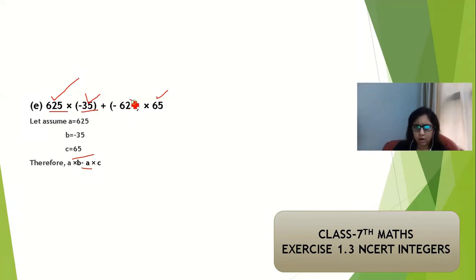I have assumed 625 as a, not minus 625 as a, and in this step I have solved this plus and minus, it will become minus because plus minus is minus. So my equation will become a multiplied by b minus a multiplied by c.